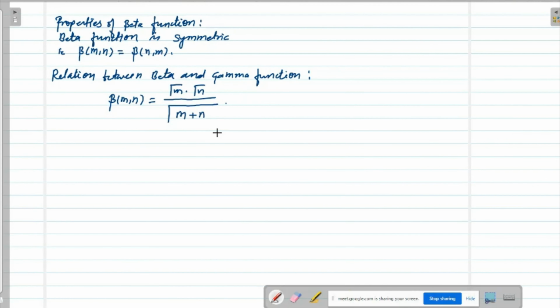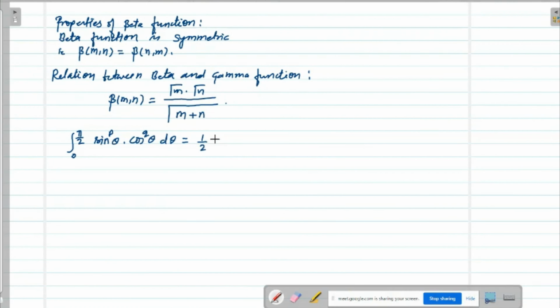So if you use the relation between beta and gamma function, then your trigonometric formula becomes, so you know the trigonometric formula: integration of limit 0 to pi by 2 of sin raised to p theta into cos raised to q theta d theta.